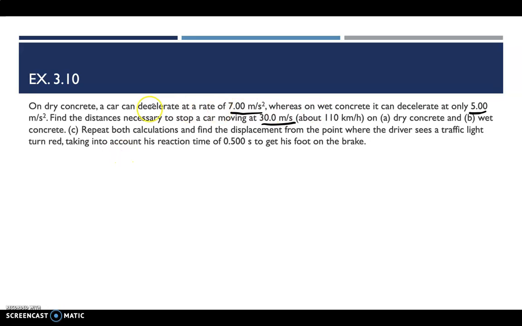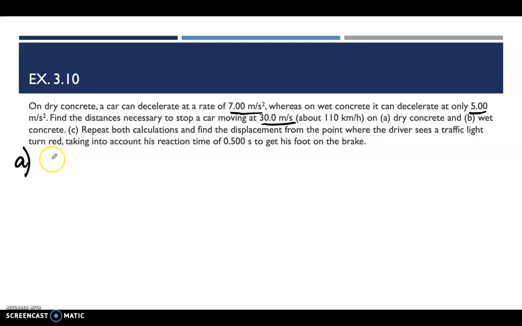When we're decelerating, we're saying that that's going to be the negative of this rate here. Then find the distances necessary. So I'm going to go with part A for the dry.